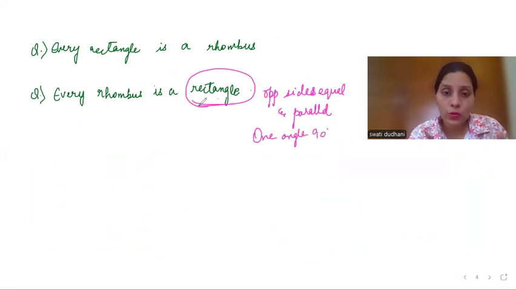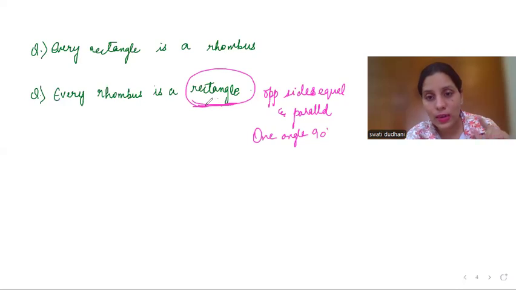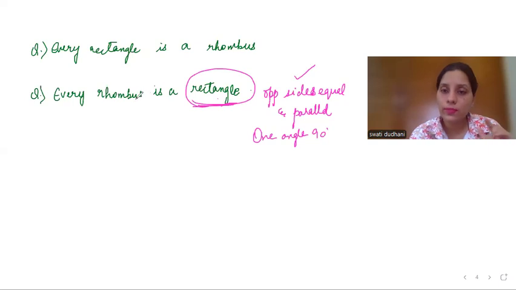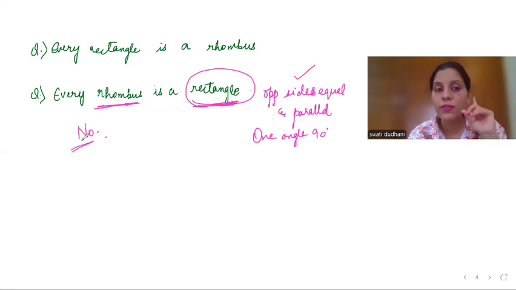In a rhombus, opposite sides are equal, all sides are equal. But in a rhombus, not all angles are 90, and for it to be a rectangle, it should be 90. So this is again false. Every rhombus is not a rectangle. I hope this is clear.